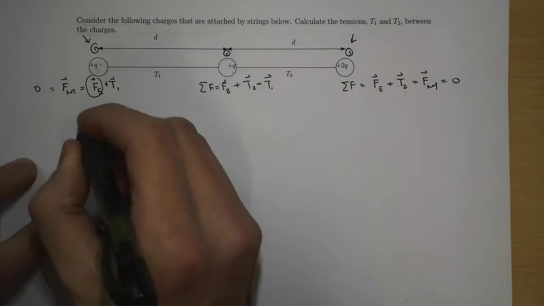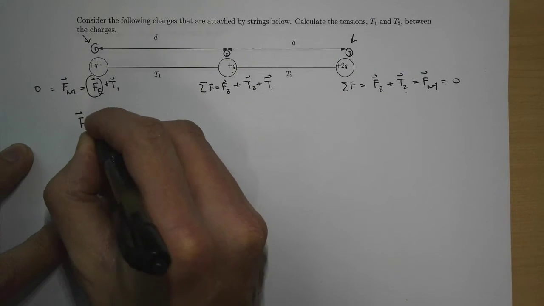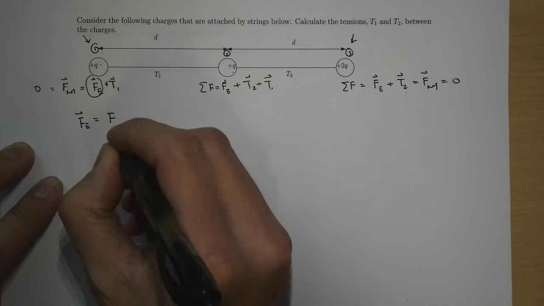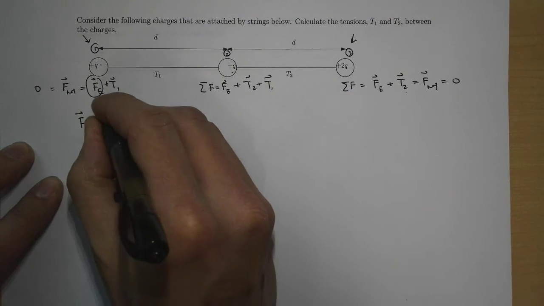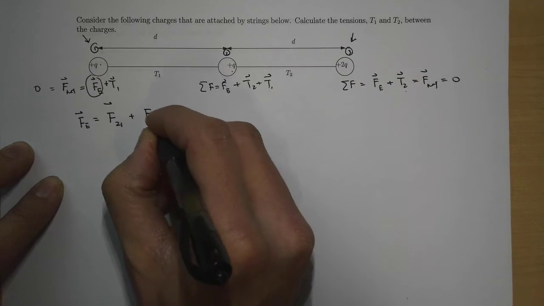Okay, so the electrical forces here, let's call this E. Well, what are they? They're going to be the force from 2 on 1 plus the force from 3 on 1.